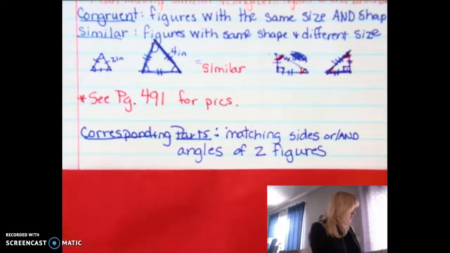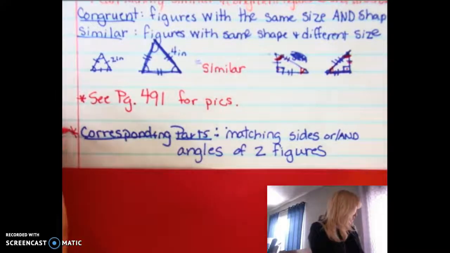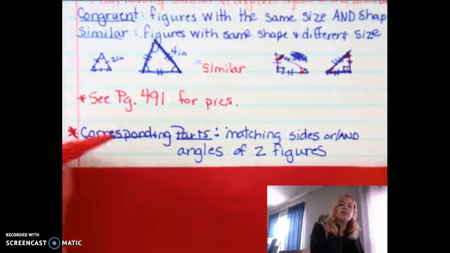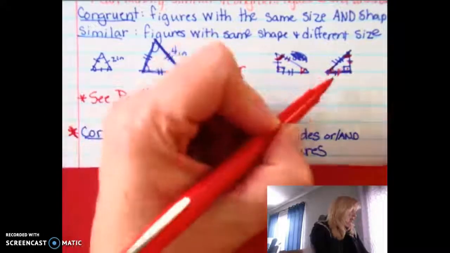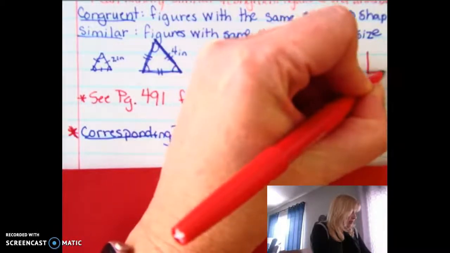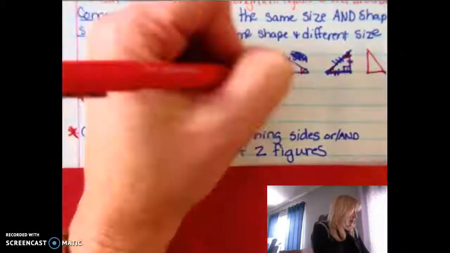So corresponding is going to be a big word during this lesson, because sometimes the triangles or the figures are twisted or turned, or maybe even this would be turned upright, so that the 90-degree angle is more on this side, and then everything else is the same.